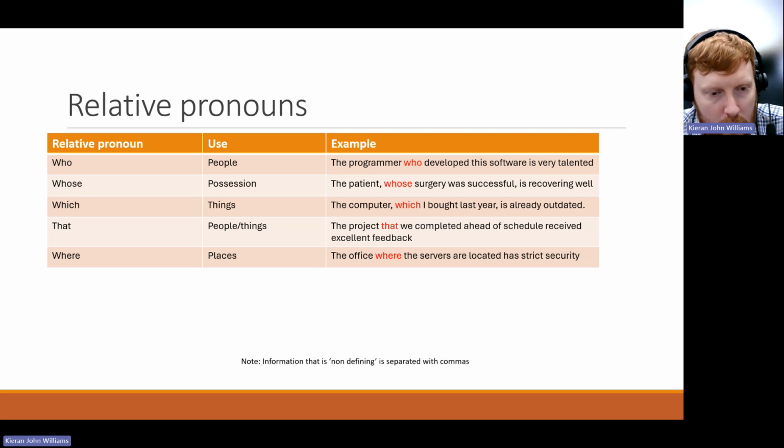If you're giving some information that is not completely essential in the sentence, we put it between commas, and these are called non-defining relative clauses. If we can remove the information and the sentence still makes sense, they are considered non-defining.